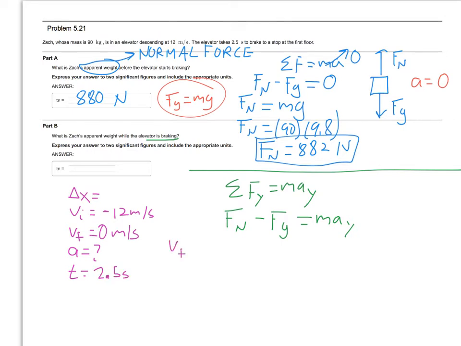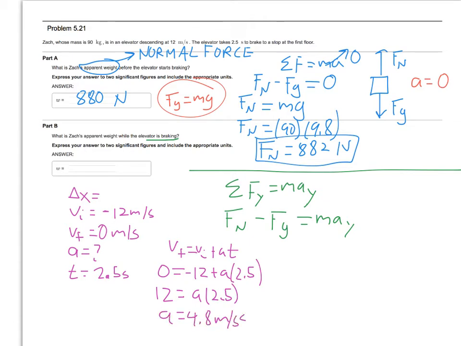Using one of my kinematics equations, Vf equals Vi plus At, I can say 0 equals negative 12 plus A times 2.5. So 12 equals A times 2.5, which means my acceleration here is 4.8 meters per second squared.